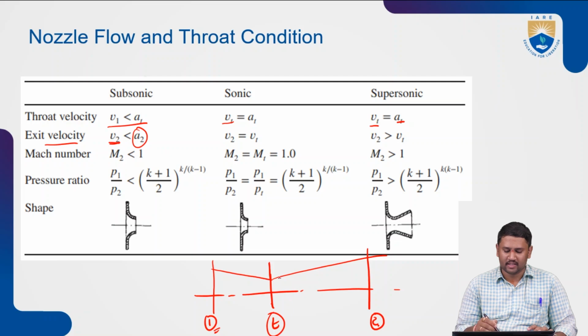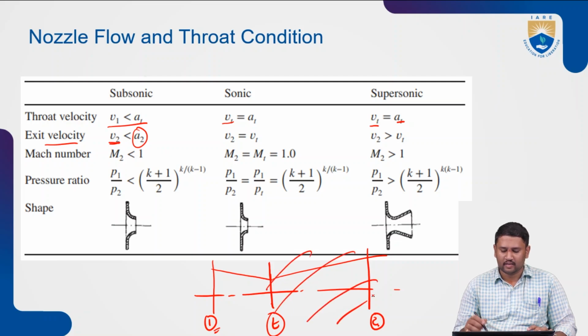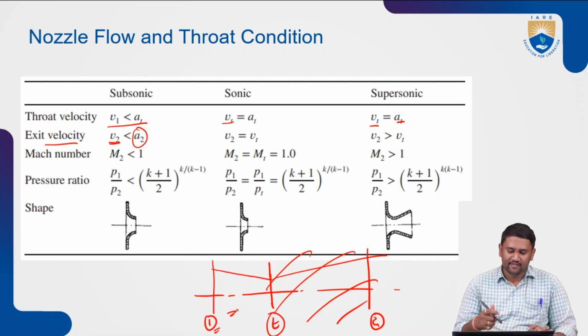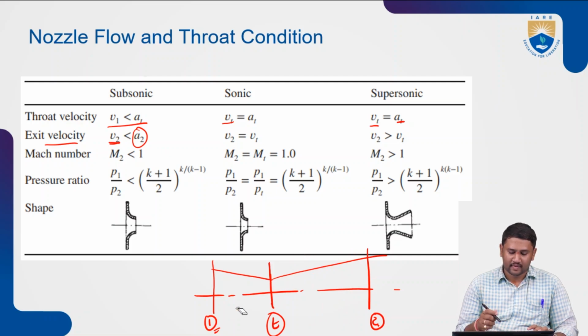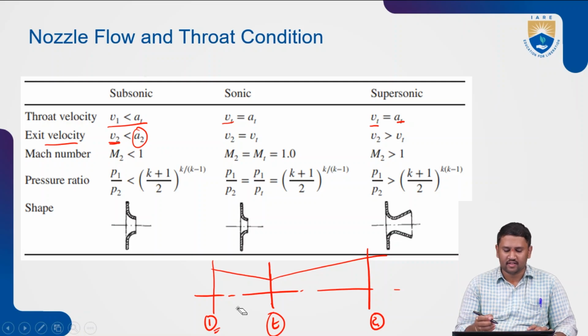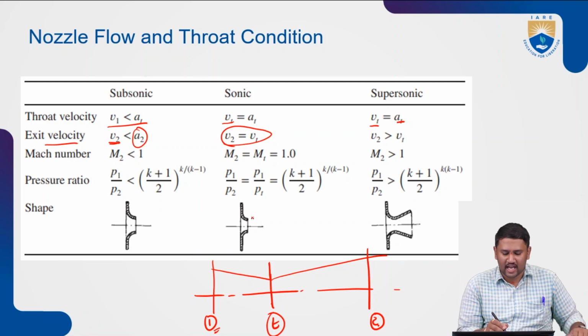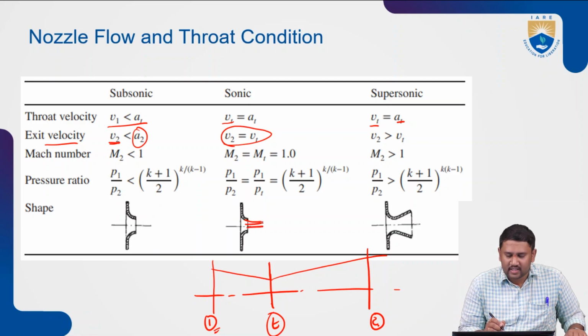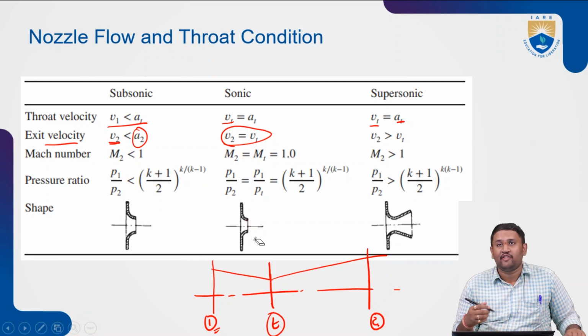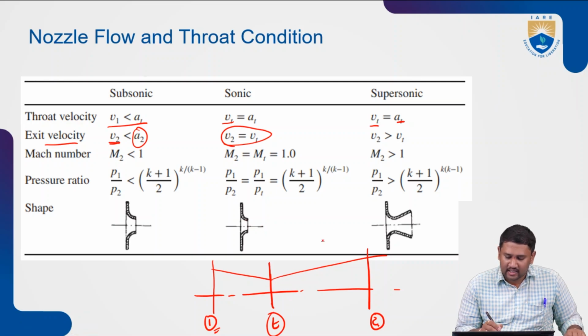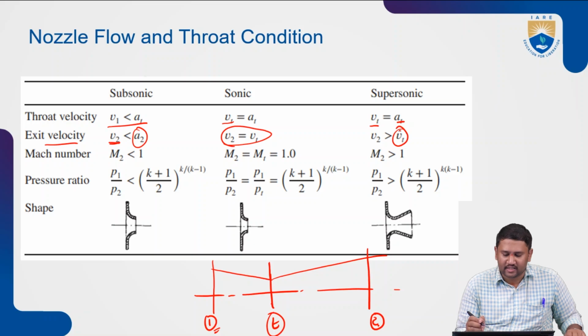If you are considering sonic, at that time the exit velocity will be equal to the throat velocity, because the gases will be coming out with the same flow. Whereas for supersonic, the exit velocity will be far greater than the throat velocity.